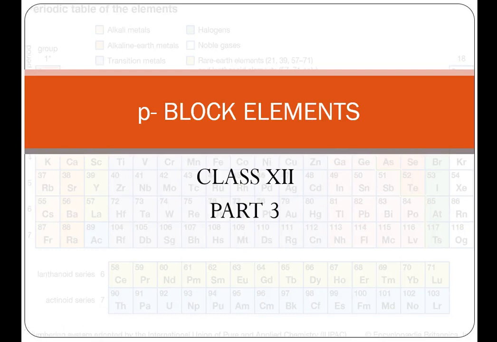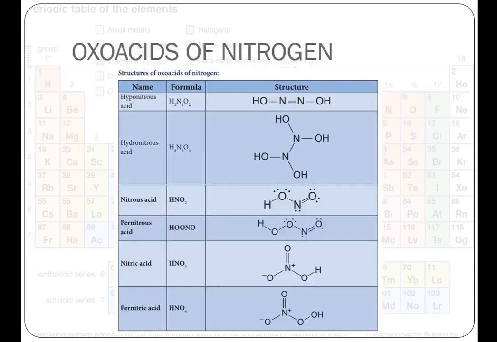Now, we are going to start with the next part of the chapter, P block elements. Today we will talk about oxoacids of nitrogen. Nitrogen forms a number of oxoacids. You can see here, first is hyponitrous acid, H2N2O2.